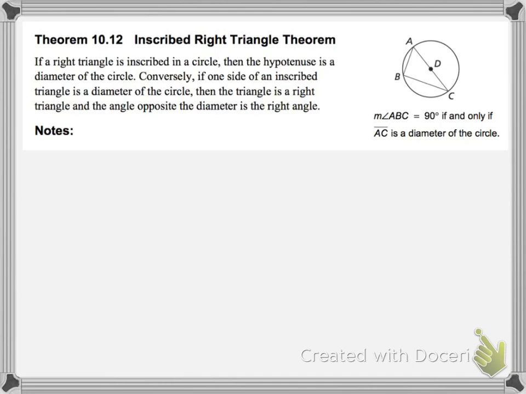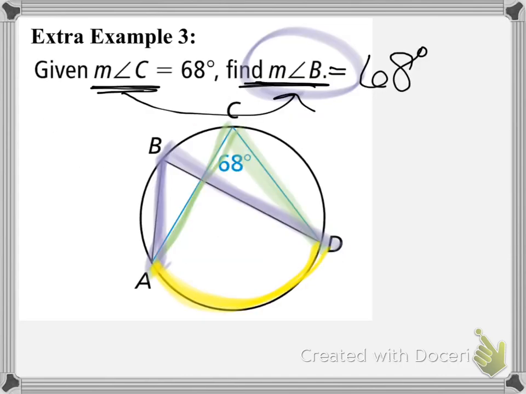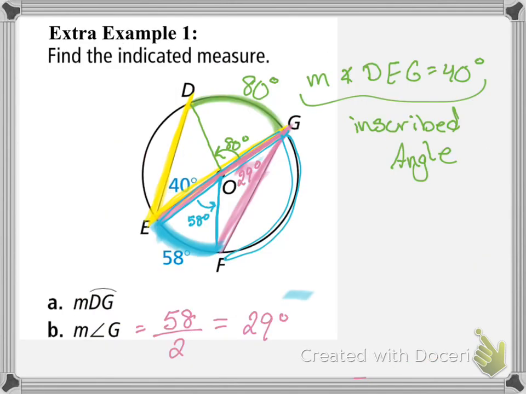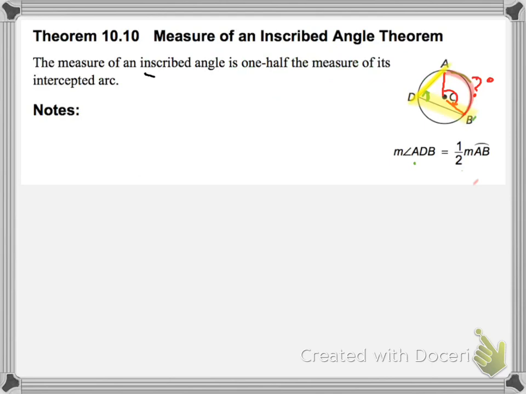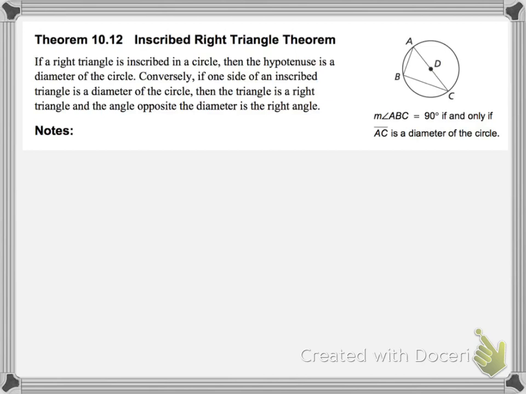Okay, so we actually have a couple theorems that have to do with inscribed things. If we go back to the previous section, we know that an inscribed angle is 1/2 the measure of its intercepted arc. So if I have a diameter here, this arc is 180 degrees, which tells me that the angle that intercepts it has to be half of that.